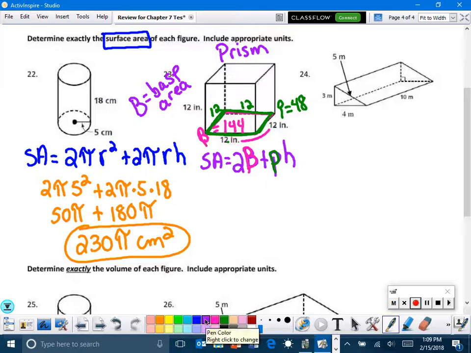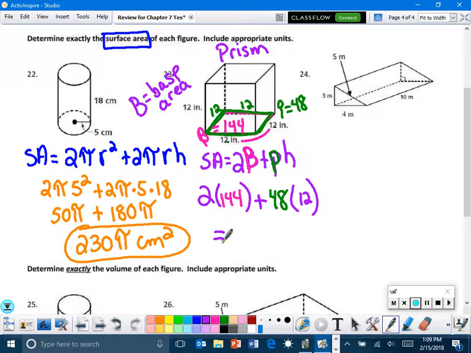All right, here we go. So we're going to go 2 times the base area, which is 144. Okay, I'm color coding for you. Plus the perimeter, which is 48, times the height. Well, the height is 12 inches. Okay, well, I can simply type all of that into my calculator now.